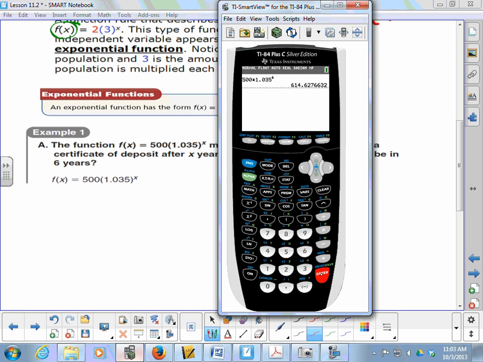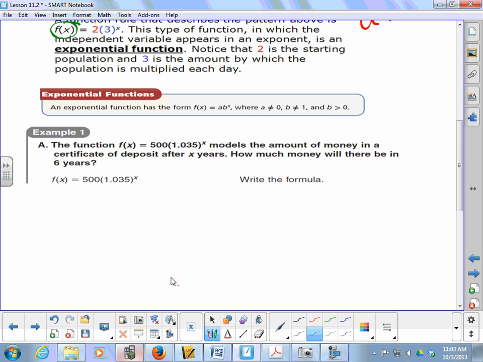So after 6 years, this person has earned $114 more, so $614.63 would be how much they have. Wow, that was hard, wasn't it? Okay, good. All right, so you got the easy ones out of the way.